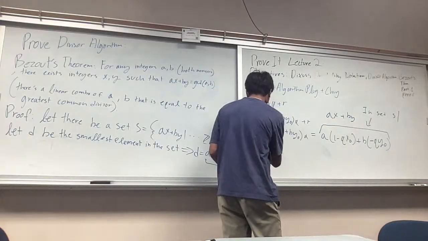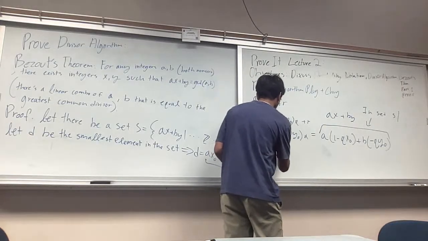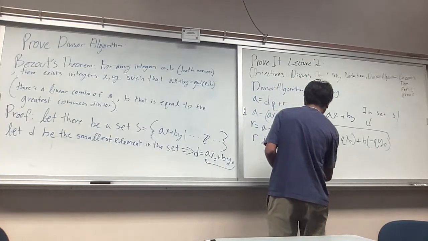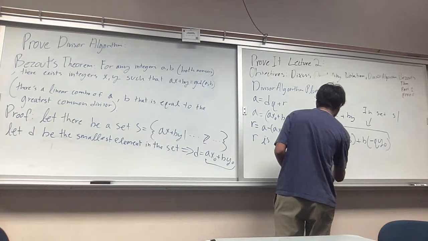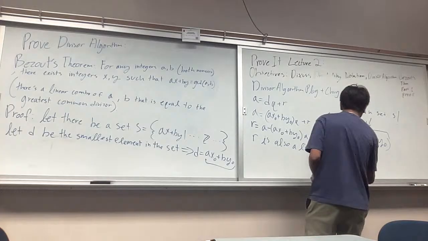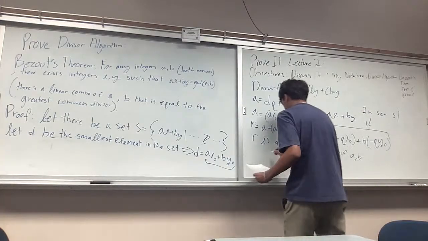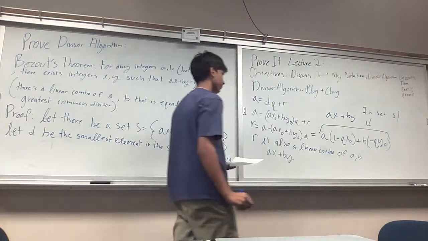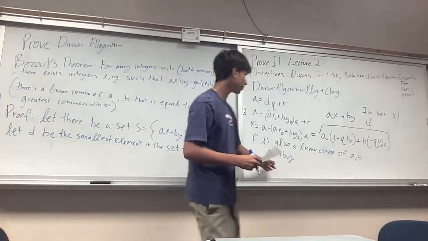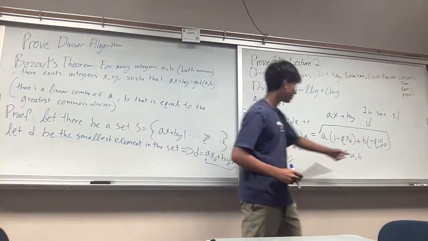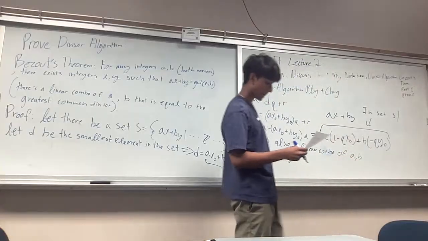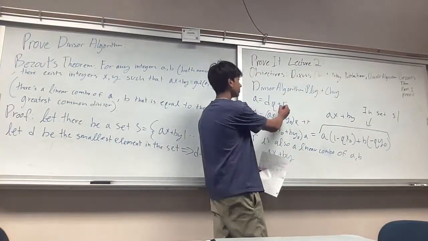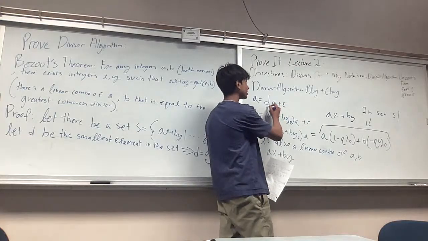So then R is also what? A linear combo of A and B in that set, right? It can be written in the form AX plus BY, where X is equal to this and Y is equal to this. It's in the same form. Now R, by the divisor theorem, must be less than D, right?